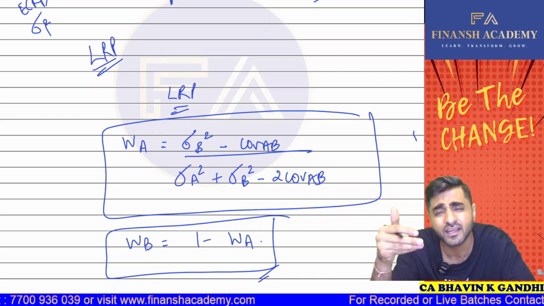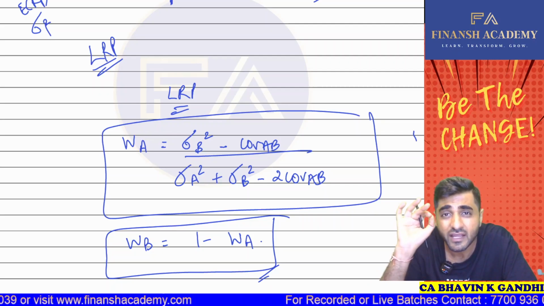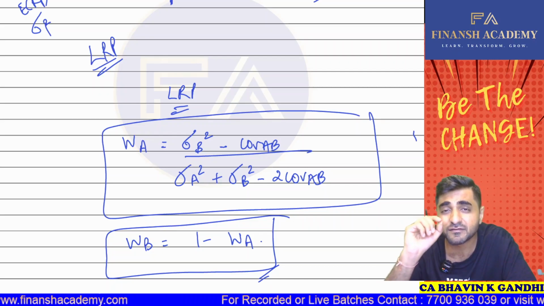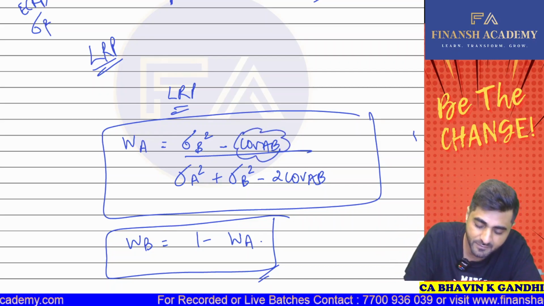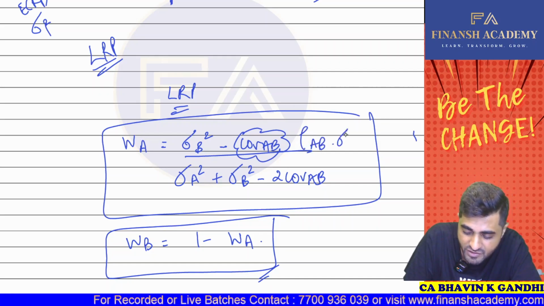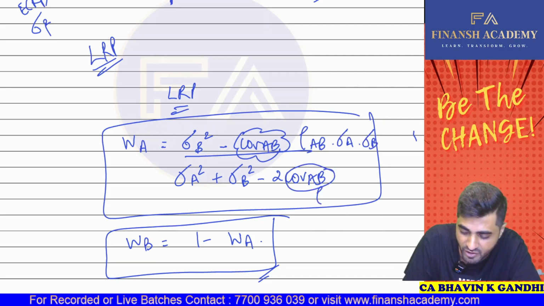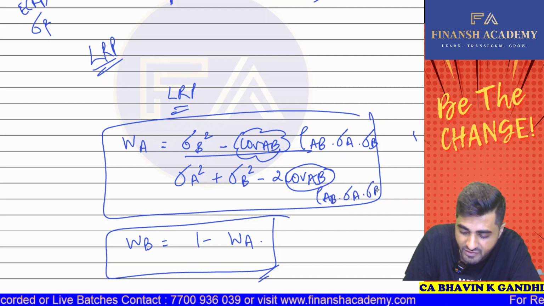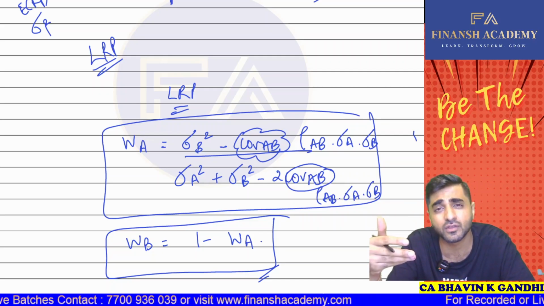So this is just one way to calculate the weights of A and B in a least risk portfolio. And always remember that if the correlation coefficient is given to you, then the covariance AB can be substituted by the correlation coefficient AB into standard deviation A into standard deviation B. That depends upon the type of data given in the question.